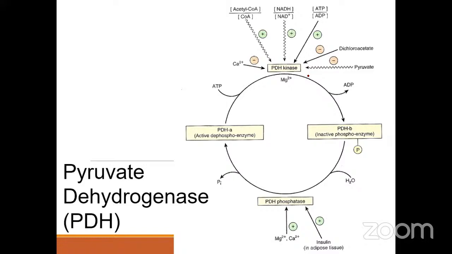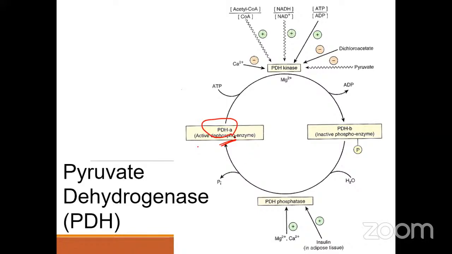Dephosphorylated form. The same is true here also. Pyruvate dehydrogenase can occur in two forms. The A form, A for active, means the dephosphorylated enzyme. And there is a B form which is inactive, the phosphorylated form.